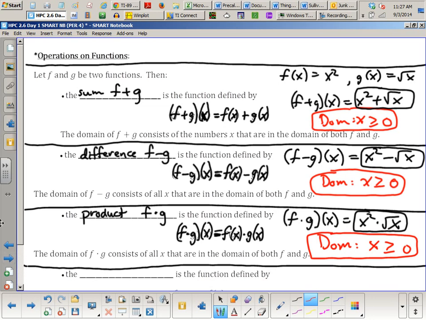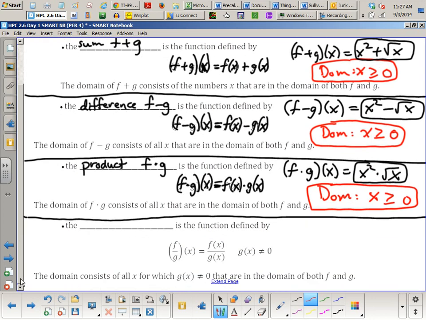After sum and difference and product, we have the answer to a division problem, which is called what? Quotient. Right, so quotient f over g is the following. You can write it as f over g in parentheses and then an x, or think of it as f of x over g of x. And for this one, we have to be a little bit more careful.